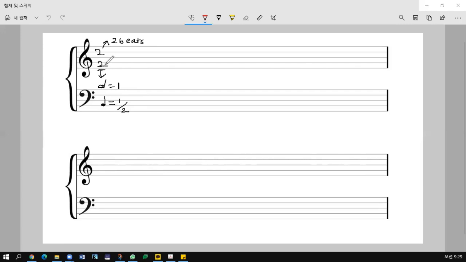Okay, so it's really important for you to notice, to be aware of the time signature before you play the songs, because it determines how many beats are to be contained in each bar, and it determines the way you play the songs. Okay, so 2/2.